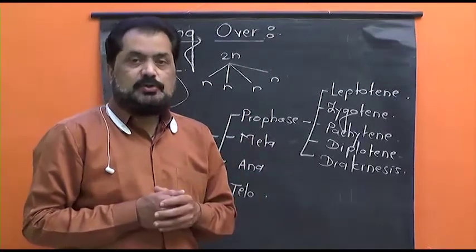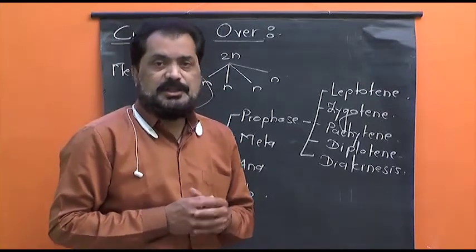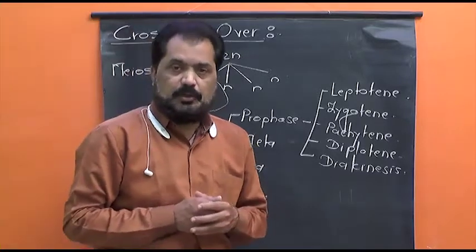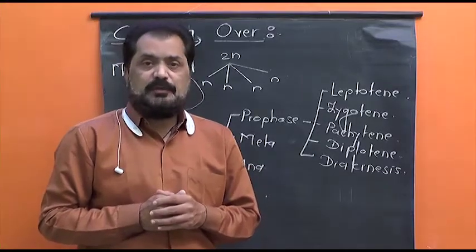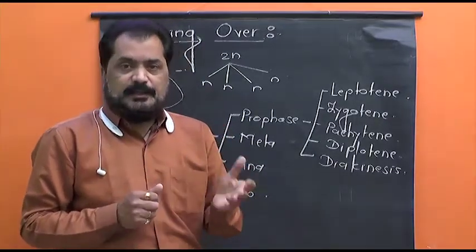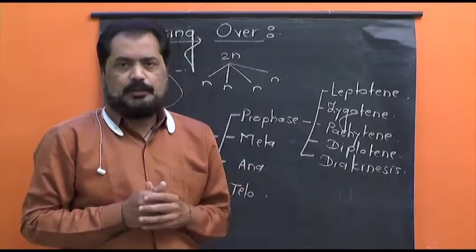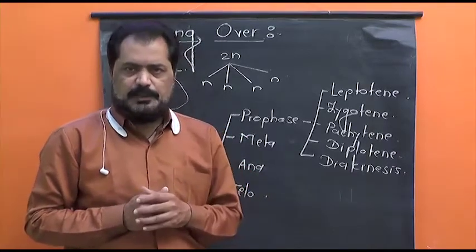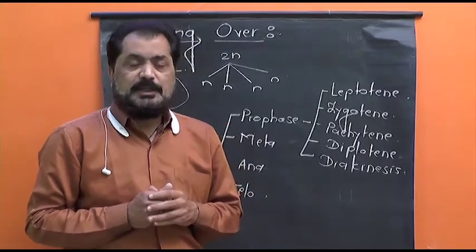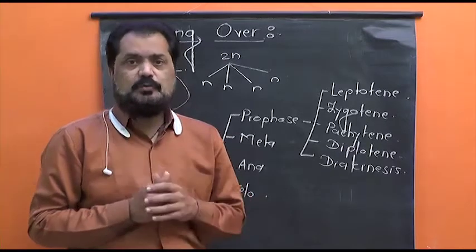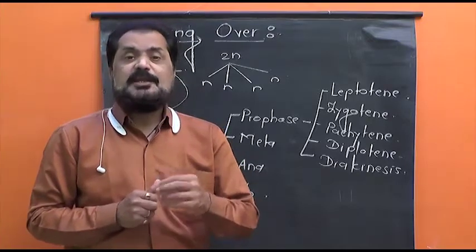Initially, as I said, this crossing over process has great importance because it brings about genetic variations in the population, because crossing over is responsible for genetic recombination. It is responsible for genetic reshuffling and it leads to the development of variations in the population. क्रॉसिंग ओव्हर या प्रोसेसला अतिशय महत्त्व आहे, कारण क्रॉसिंग ओव्हरमुळे त्या ठिकाणी जेनेटिक रिकॉम्बिनेशन घडून येतं, जेनेटिक मटेरियल मध्ये रिशफलिंग घडून येते, रिअरेंजमेंट घडून येते आणि पर्यायाने त्यामुळे नवीन अपत्यांमध्ये ऑफस्प्रिंग्स मध्ये व्हेरिएशन्स निर्माण होतात.